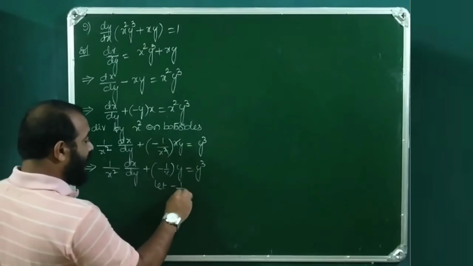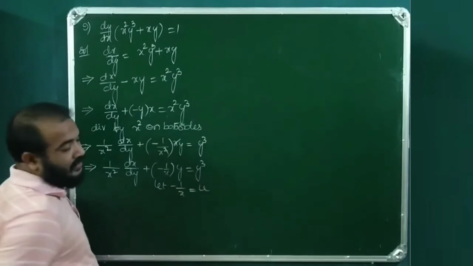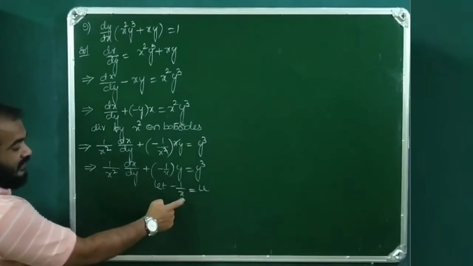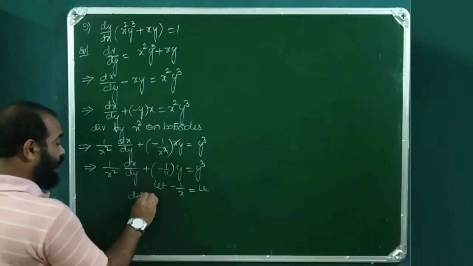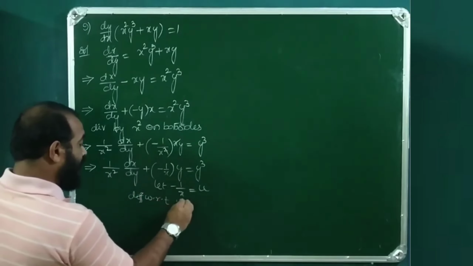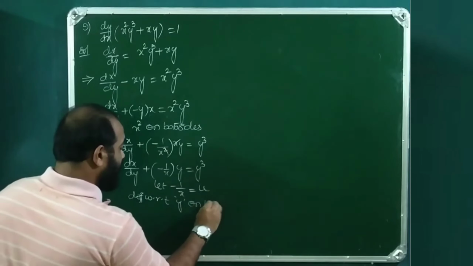Now let -1/x = u, I will take. Now let us differentiate this with respect to y, on both sides.